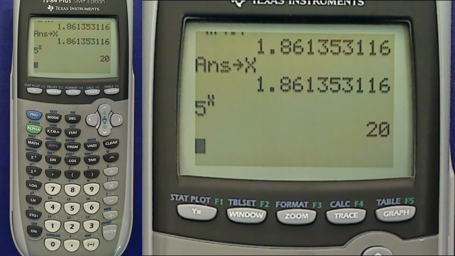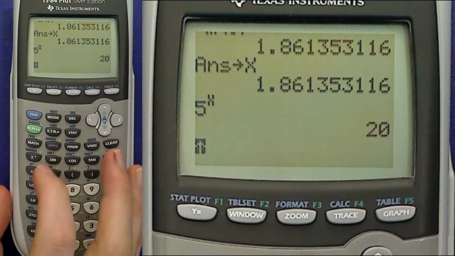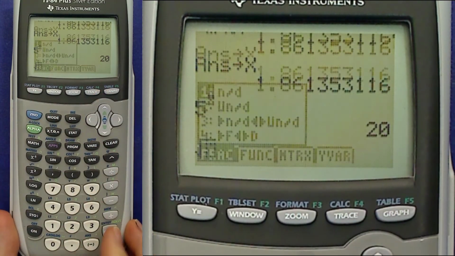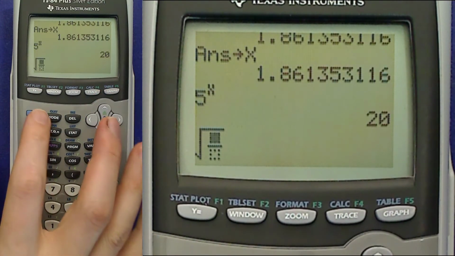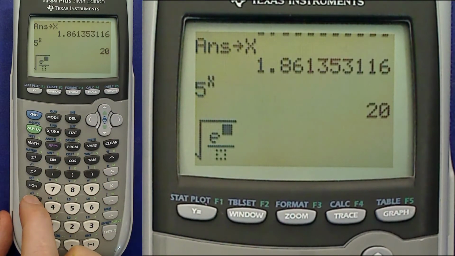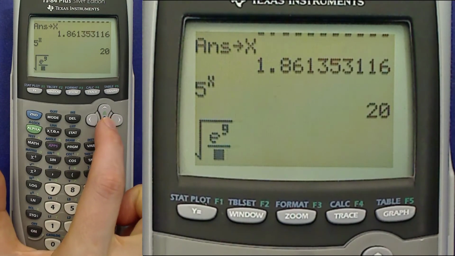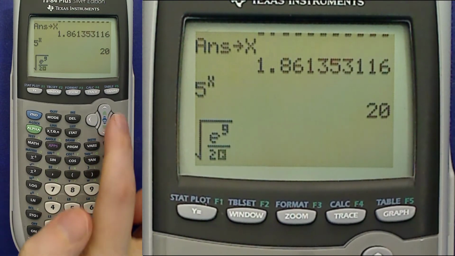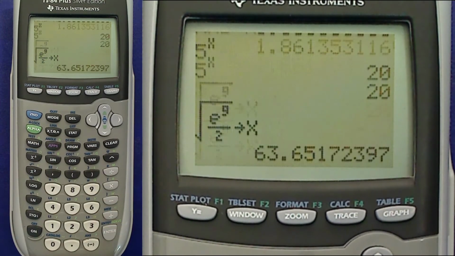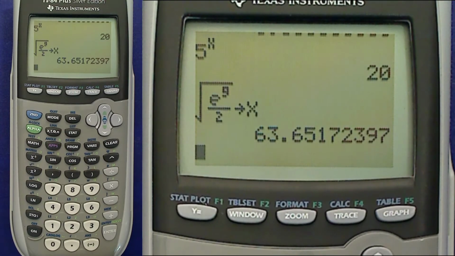The solution that we came up with was square root, and I'll put in a fraction, then second, and then this button to get e to a power, so it was e to the 9th divided by 2. Since I want to do a couple of different things with this, I'm going to store that into x. Okay, so there we go, 63.65.